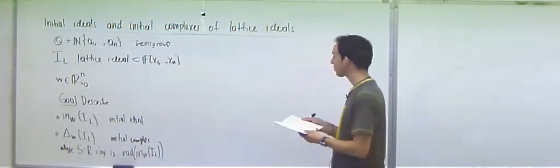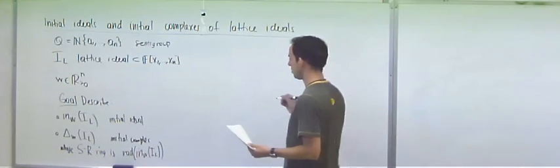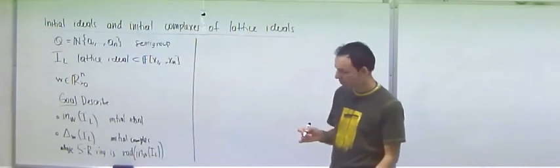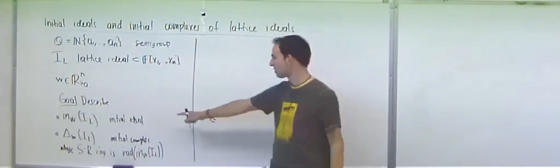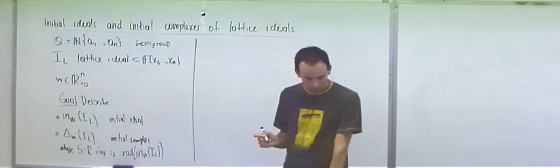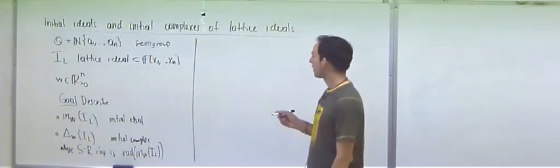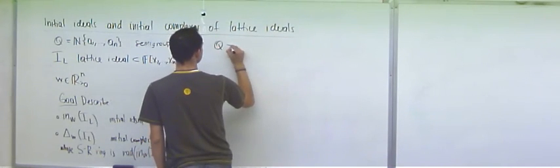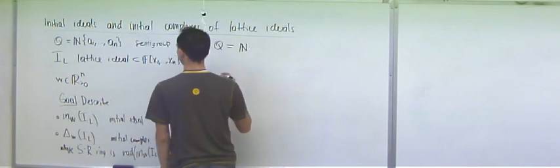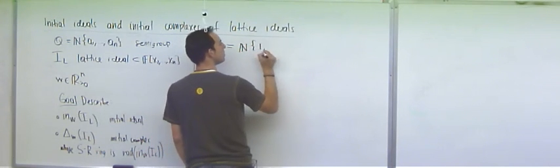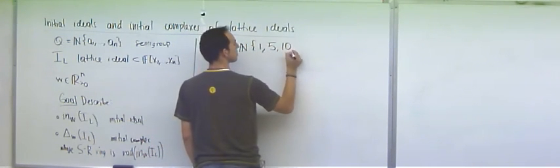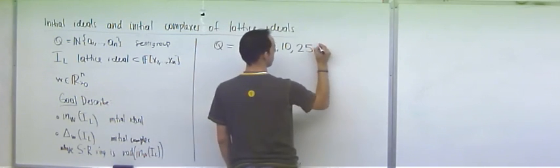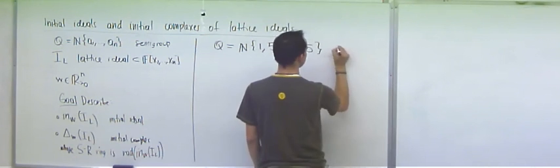So the first thing that I want to do is talk about how to describe this initial ideal. Okay? And I want to do it in an example first, and then we will give a general discussion. So let's do it in this example. Let's consider the semigroup in Z^1 generated by these numbers.